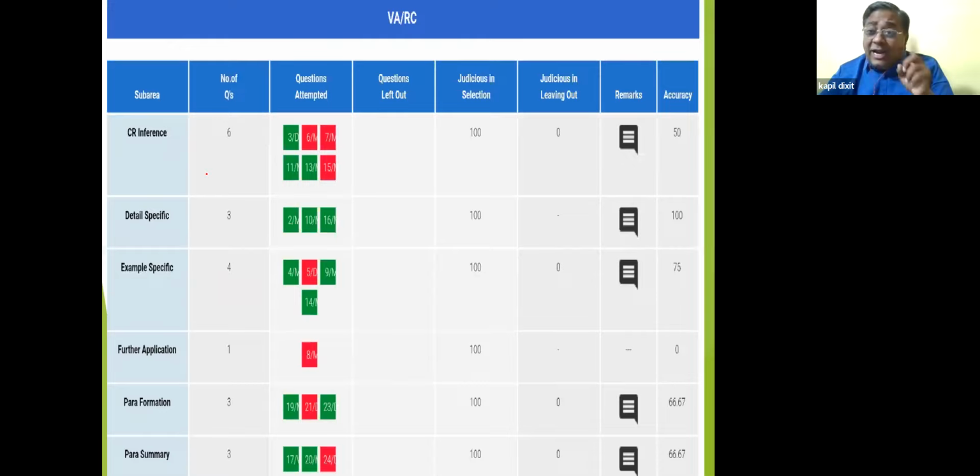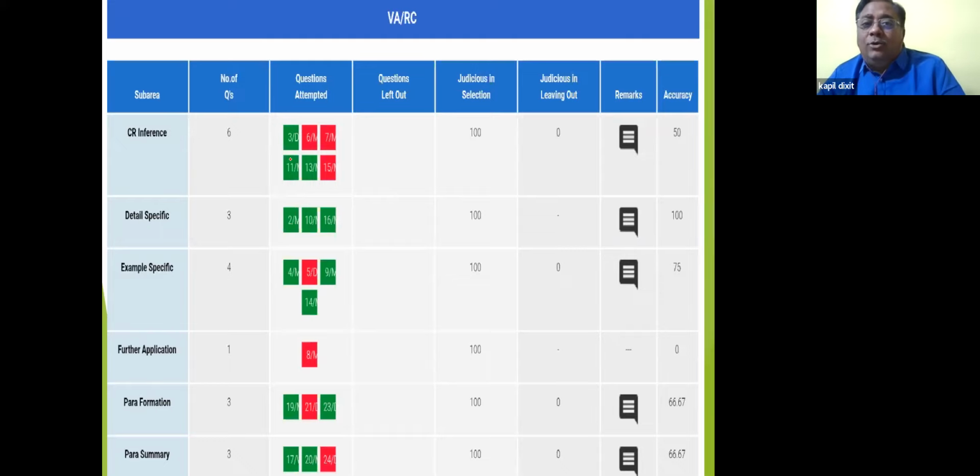This is for an analysis of how the top scorers are performing, how their sectional score is moving, so that you can imagine their scores and then try to look for this score in the next test. That is what we expect from you.